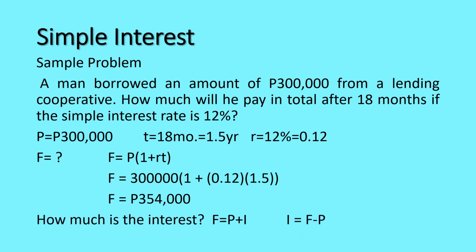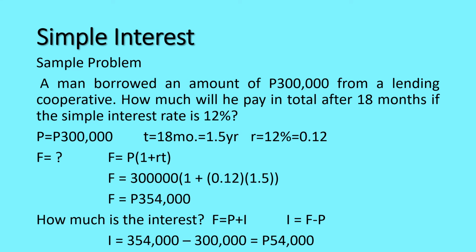Now, if we're going to identify the amount of interest earned by the principal amount after 18 months at a rate of 12%, or simply I, we use first the formula for F, that is F equals P plus I. So deriving the formula for the interest, that is I equals F minus P. So the simple interest would be 354,000 minus 300,000 pesos, that is equal to 54,000 pesos.